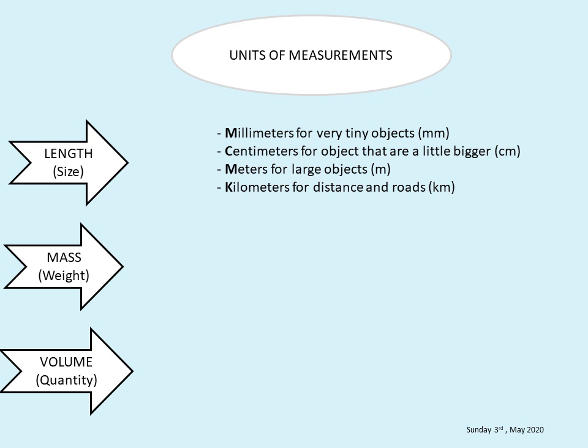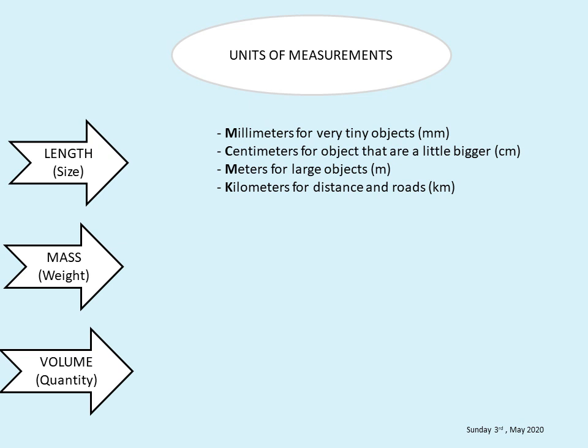But kilometers is only for distance and roads. Please don't forget that. Kilometers is only for distance and roads. Like, I drive from my home to the school, and the distance between my home to the school is 500 kilometers. Okay, so the kilometers measures only distance and roads.